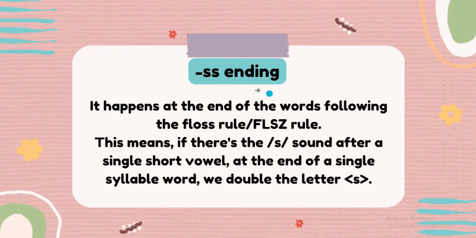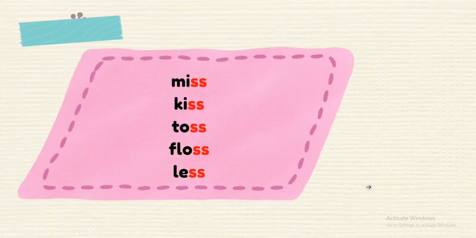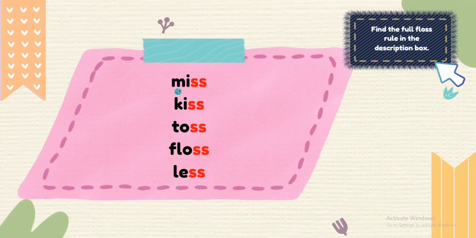The first and the simplest is the double S ending. It happens at the end of words following the floss rule. This means if there is an /s/ sound after a single short vowel at the end of a single syllable word, we double the letter S. For example, here we have the words miss, kiss, toss, floss, less.